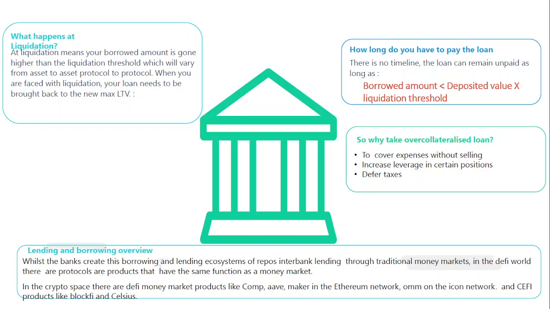The difference between the existing loan amount and the new loan amount is the amount your collateral will come down by. There will also usually be a liquidation penalty charged. The discount and the penalties will depend on the protocol.